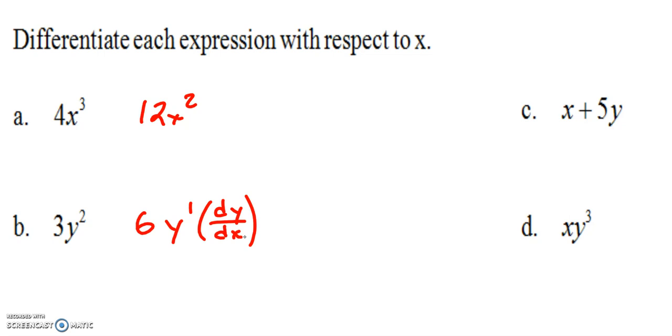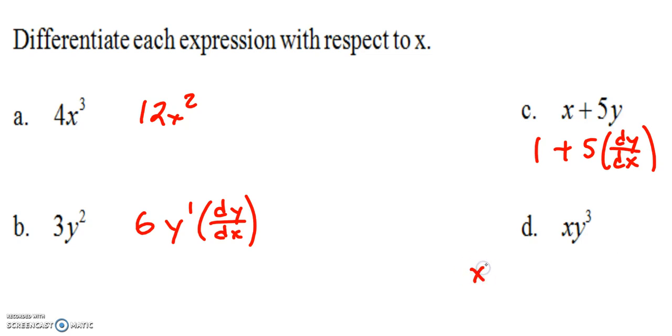Going up here, we're going to find the derivative of x, which is simply 1. Now we're finding the derivative of 5y. The derivative of that is just 5, but again we're doing the chain rule with the derivative of y, so that's dy dx. For d, here we have the product rule.